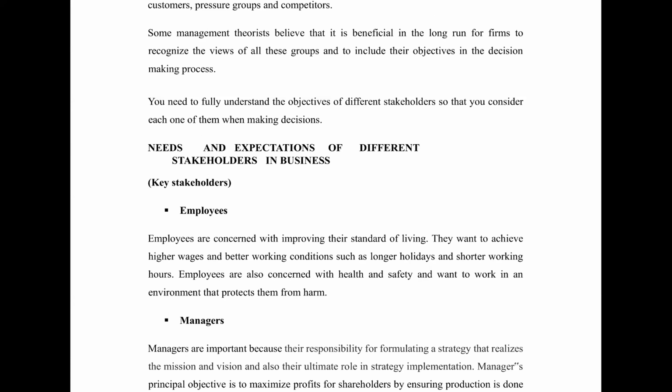So this view says that we don't just exist for what? For shareholders, no. We exist for stakeholders, for everyone. When we are making decisions, we have to factor in, we have to put into perspective everyone and everything. Is there any question from anyone?